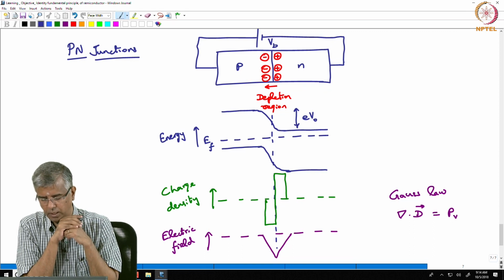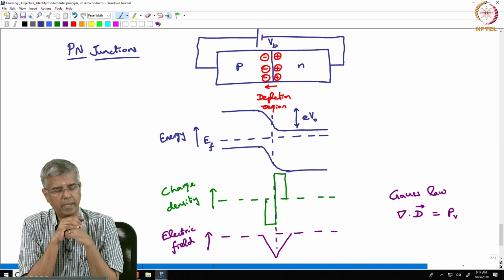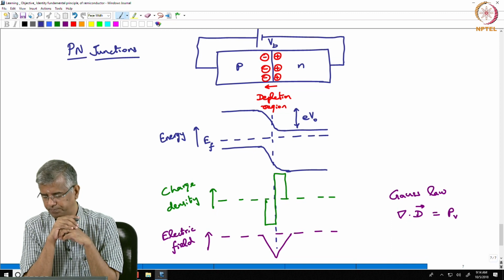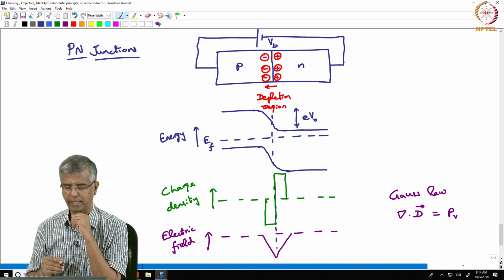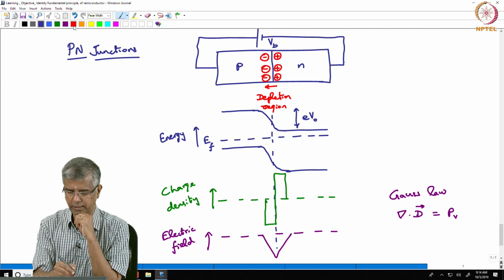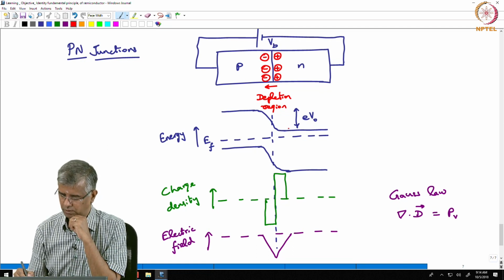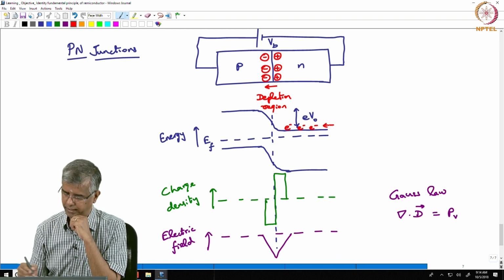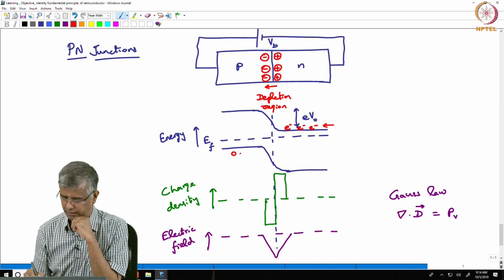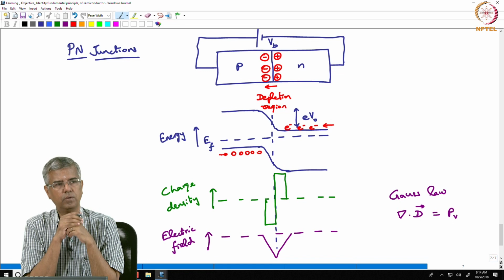So, when you apply that positive bias, it essentially means that you are injecting carriers. So, you are injecting electrons from this side, and you are injecting holes from this side.